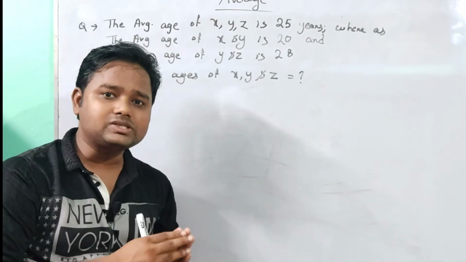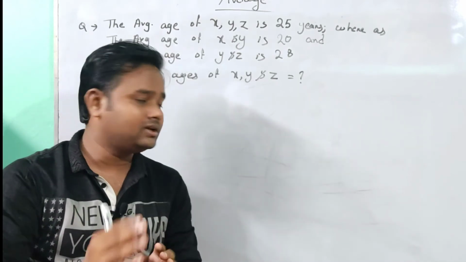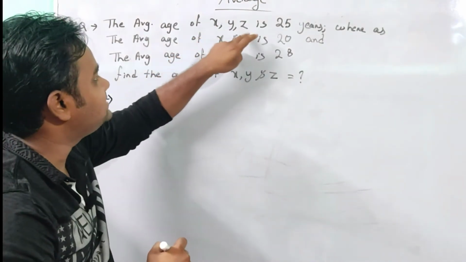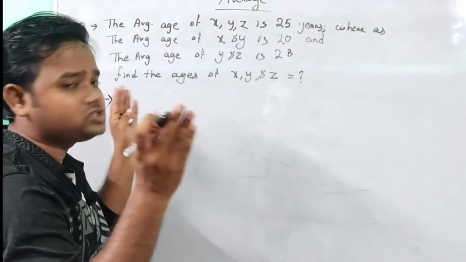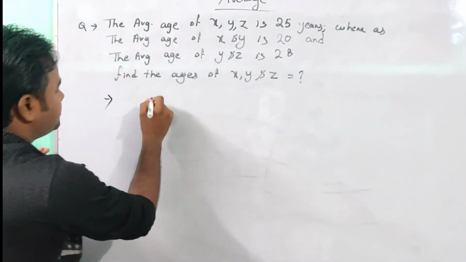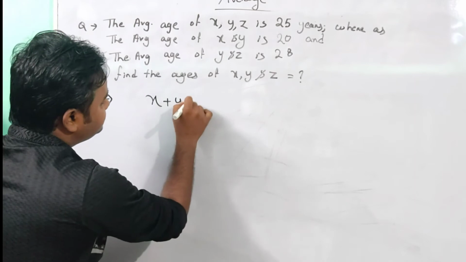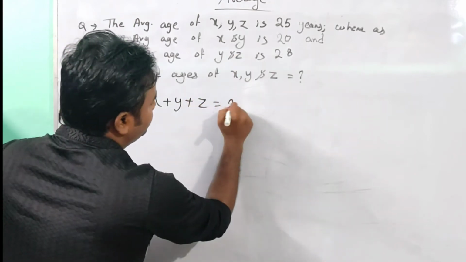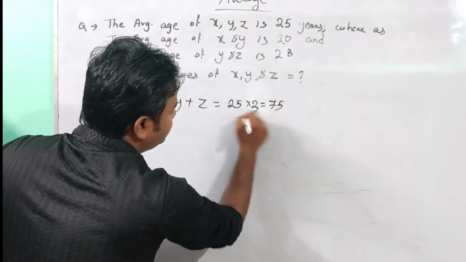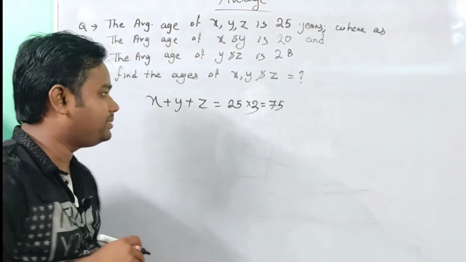So here, the average age of x, y and z is 25. So the summation of the ages of x, y and z is equal to 25 into 3, which is equal to 75 years.